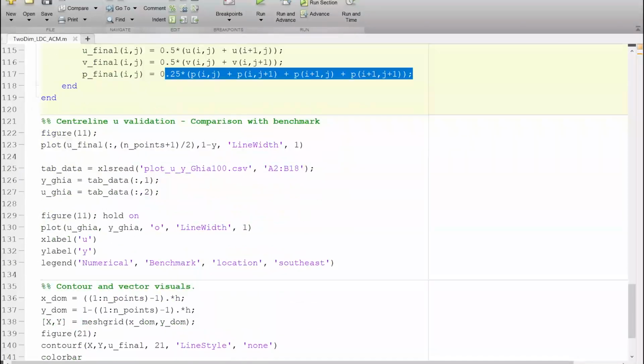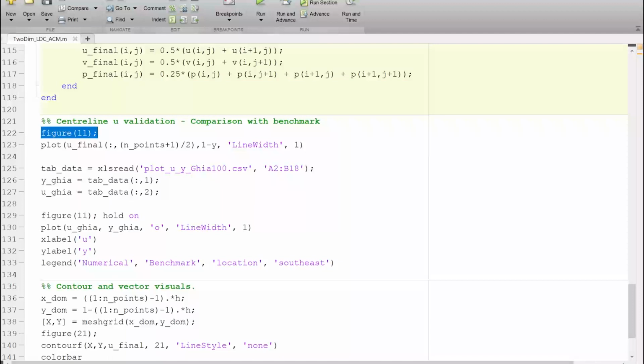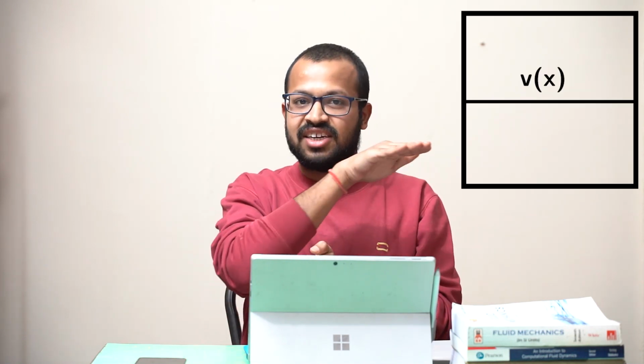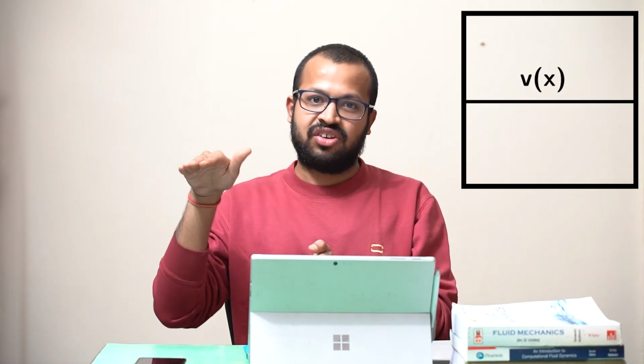So what we do is we open a figure and we want validation for the center line u. In that paper, there are data that correspond to the center line u velocity in the vertical direction and the center line v velocity in the x direction. So firstly, we are validating this u as a function of y in the center direction.